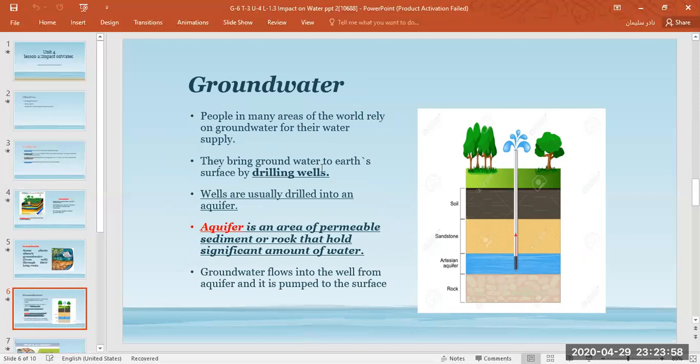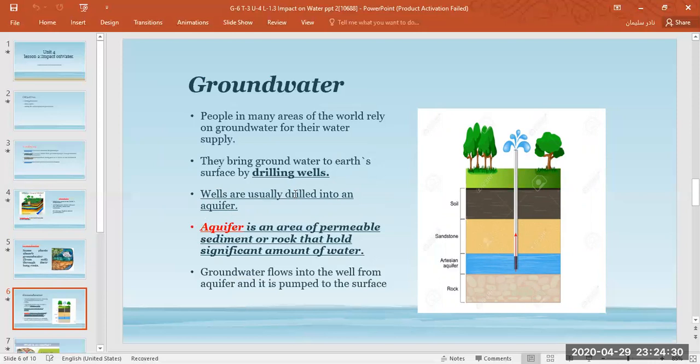They bring groundwater to Earth's surface by drilling wells, as we said. Wells are usually drilled in which area under the ground? The area is called the aquifer. What is an aquifer? An aquifer is an area under the ground that is made up of permeable sediment or rock. As we said, permeable means allowing water or liquid to pass through.